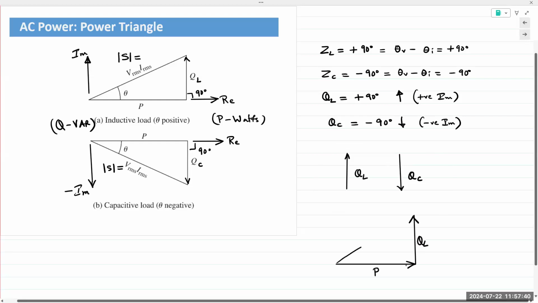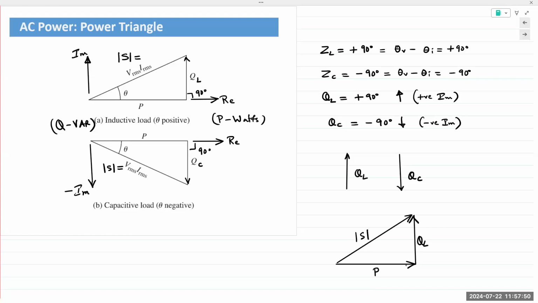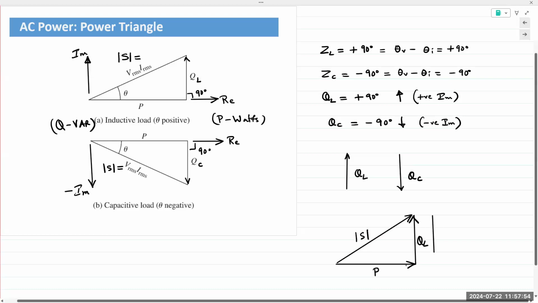So this is the amount of total complex power that your utility company has to send from the source. If you put a capacitor in front, the capacitor now supplies this much reactive power, which is in the opposite direction.